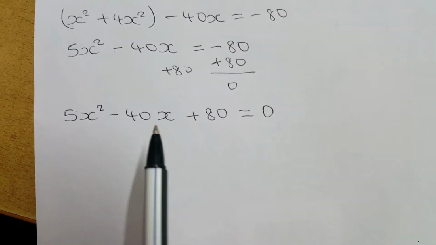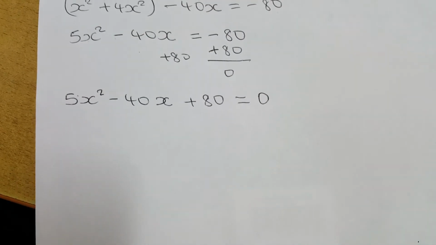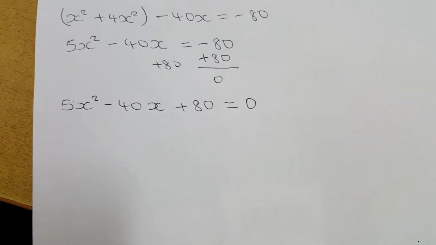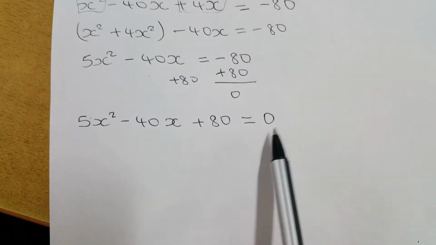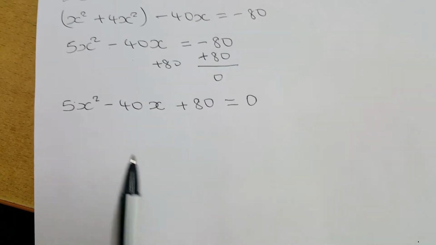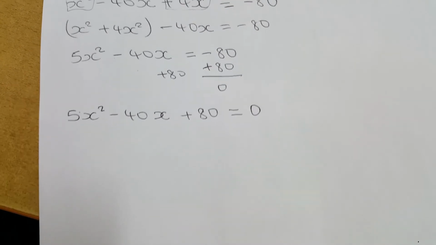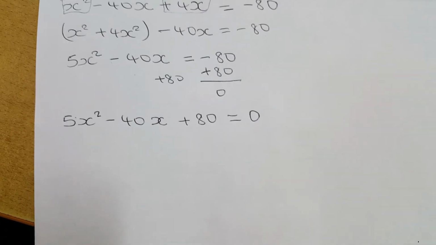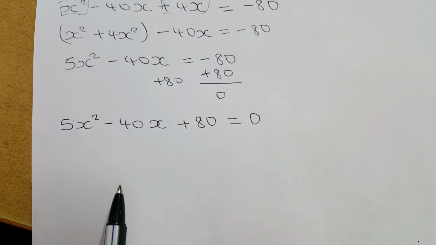So now this is our regular quadratic equation, because it's equal to 0. And anytime we have something like this, we're really being asked to solve for x because it's the only variable introduced. Remember, originally we started with both x and y.